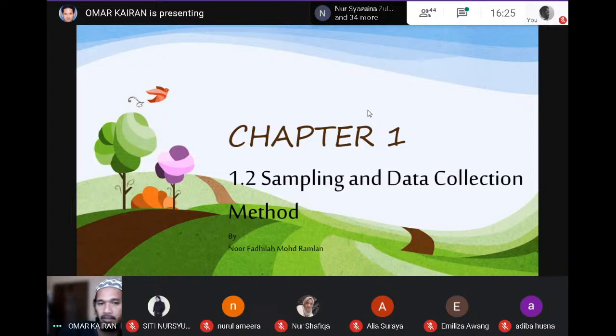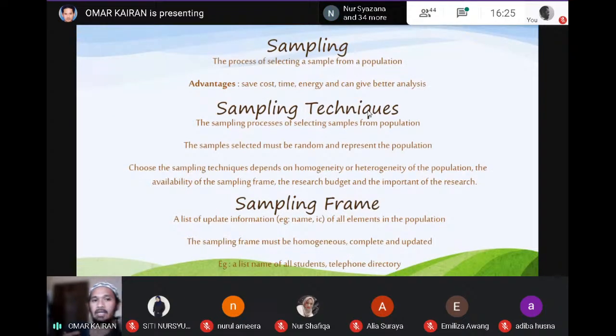So what is sampling? Sampling is the process of selecting a sample from a population. As I mentioned in the previous class, it is a refreshing of what we have learned.